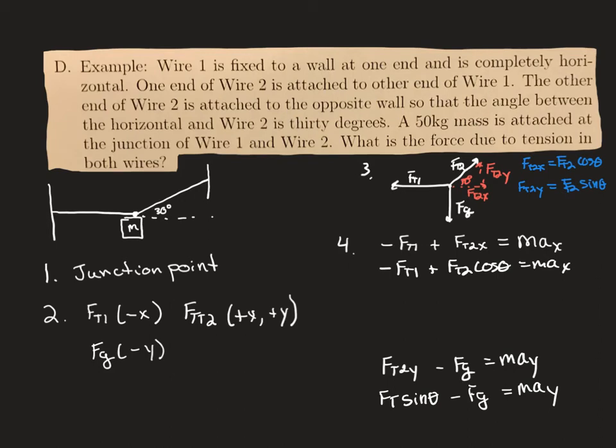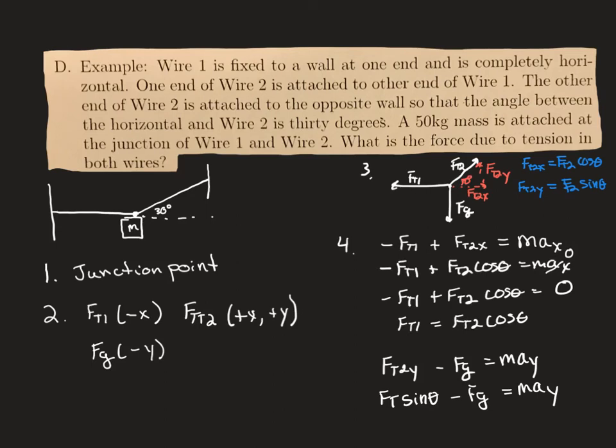Now, because the system is at rest, our acceleration in the x direction is 0. So I can say negative force of tension 1 plus force of tension 2 times the cosine of theta is equal to 0, because 0 times m is still 0. Then I can rearrange, adding force of tension 1 to the other side: force of tension 1 is equal to force of tension 2 times the cosine of theta.